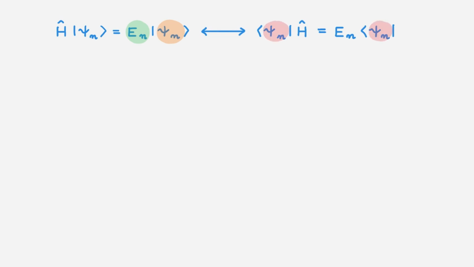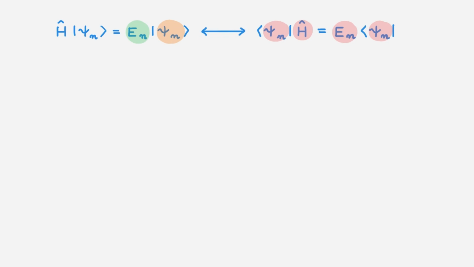We should also turn operators into their adjoints, but the Hamiltonian is a Hermitian operator, so we can write the Hamiltonian here without the adjoint. And we should also turn scalars into their complex conjugates, but the eigenvalues of a Hermitian operator are real scalars, so the energy here is real and is equal to its complex conjugate.